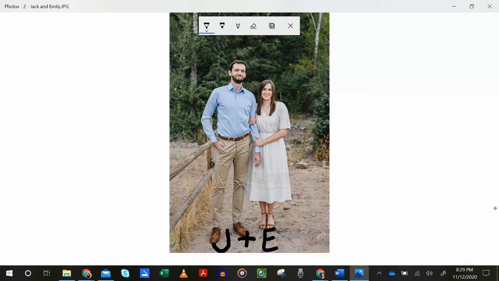So I have Jackson and Emily, and together, they make the Turner family, okay? So they make their own little family, just the two of them. Jackson plus Emily equals the Turners.